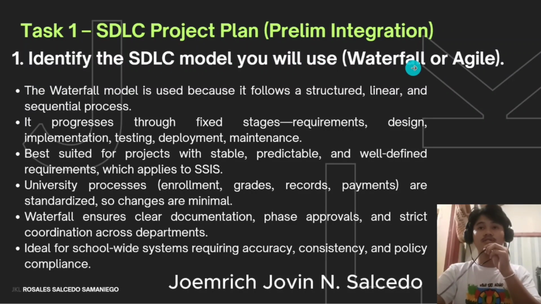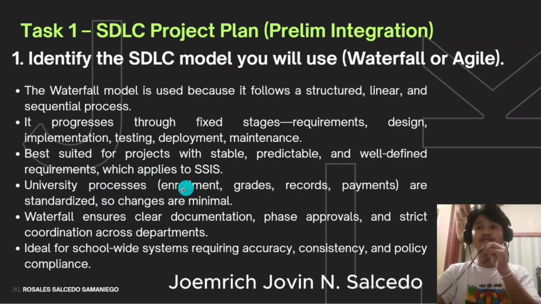The model I use is waterfall. To explain this, the waterfall SDLC model is used for the SSIS because it follows a structured, linear, and sequential development approach that fits well with the university's stable and well-defined workflows.